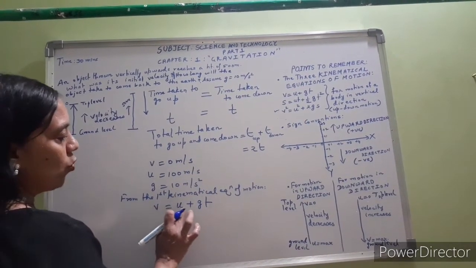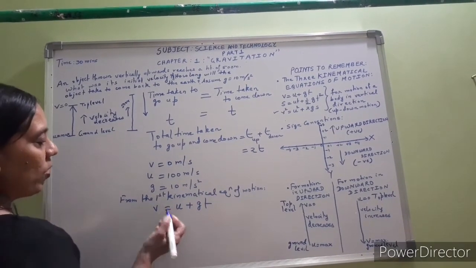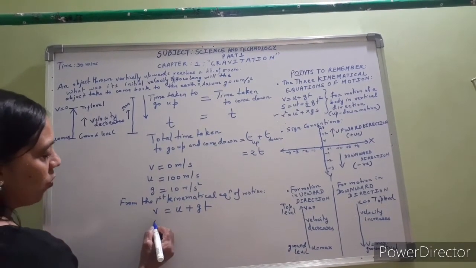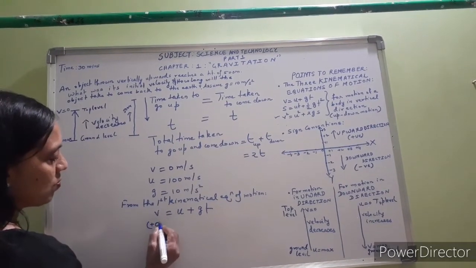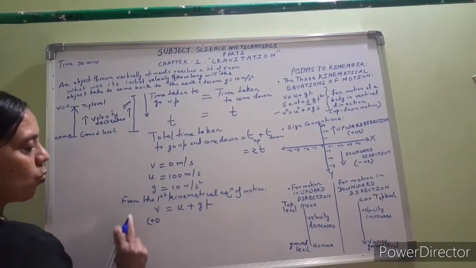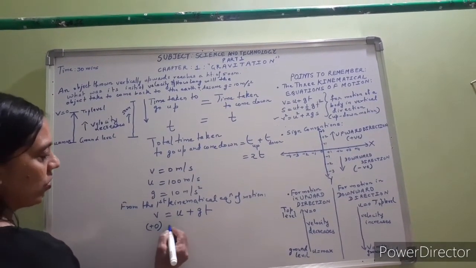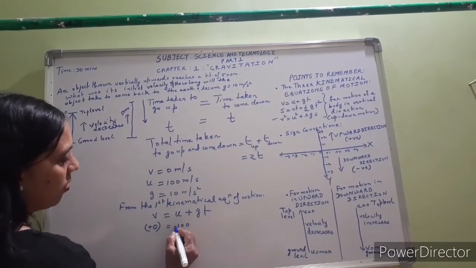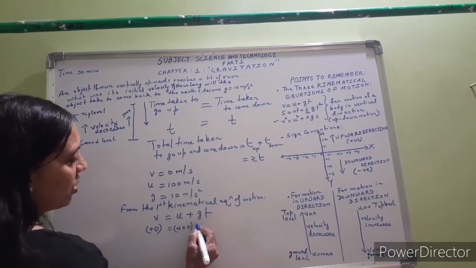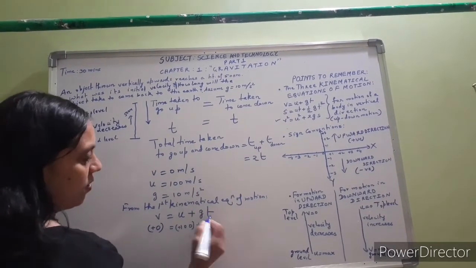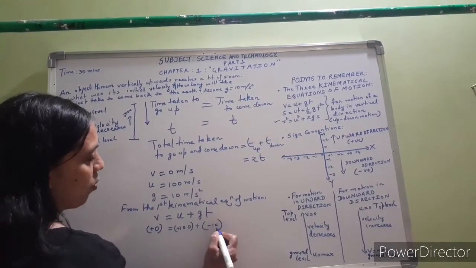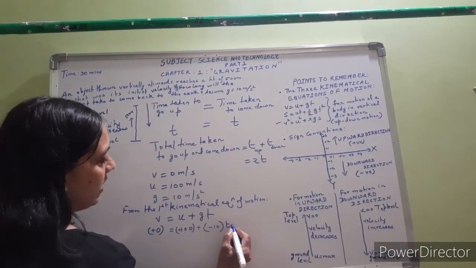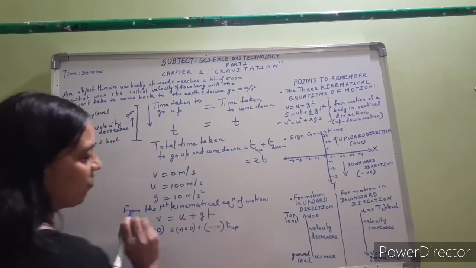So v is equal to u plus gt. Now put the values. v is 0 because body is going in the upward direction. u is 100 when it is going in the upward direction. g is always negative, so minus 10 even if the body is going upwards, and t is the time for going in the upward direction.